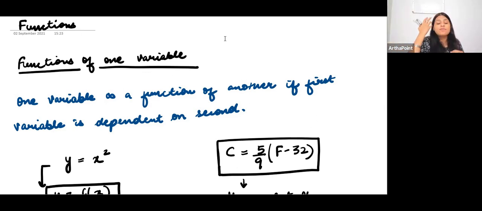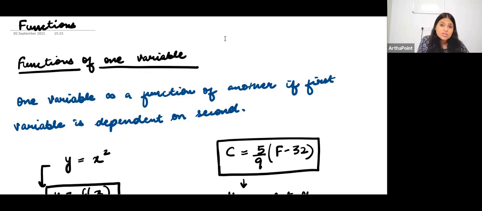So when one factor or one variable is dependent on the other variable, then that is what is known as a function. Usually, whenever we speak of functions, we always talk about two things. One is known as an independent variable, and the other is known as a dependent variable.